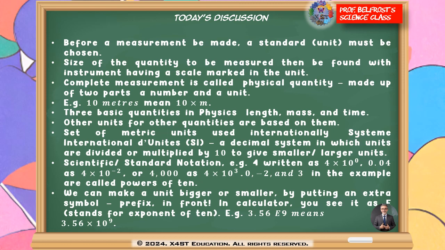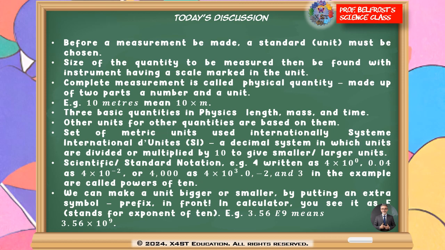The set of metric units used internationally is called the Système International d'Unités, or SI, a decimal system in which units are divided and multiplied by 10 to give smaller or larger units.